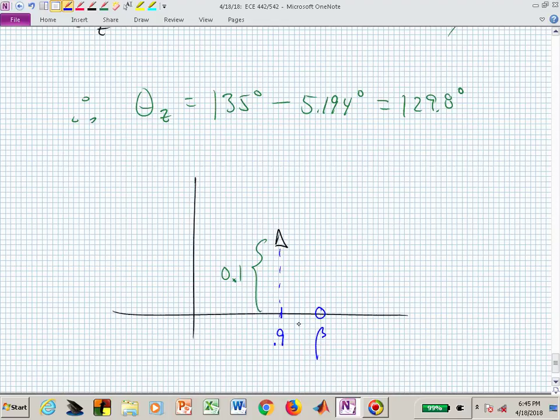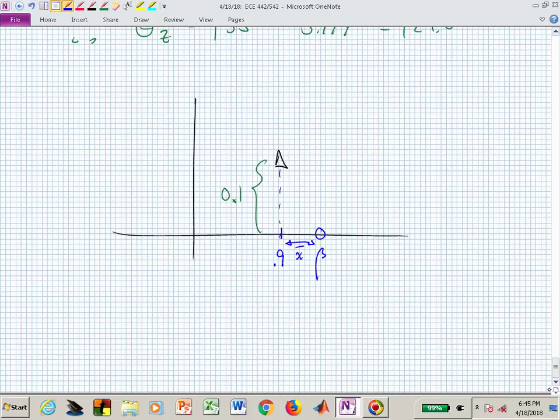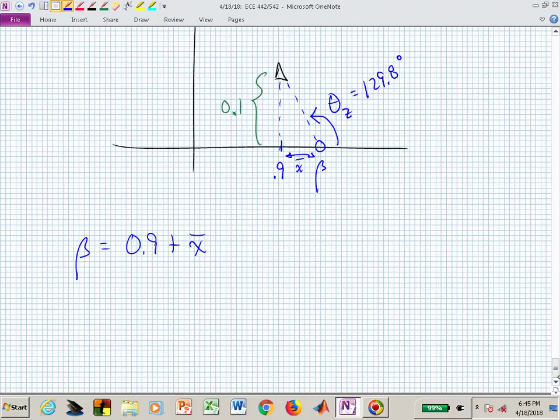And I can now maybe solve for this distance, which is x bar, where beta now is going to be 0.9 plus x bar. And x bar I can compute because I know this angle. This is why you need your trigonometry, isn't it?